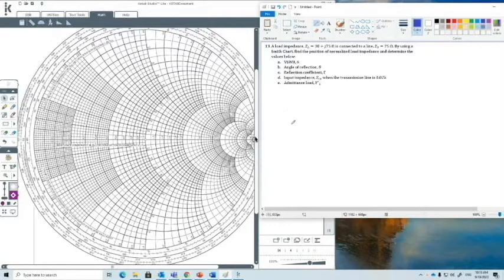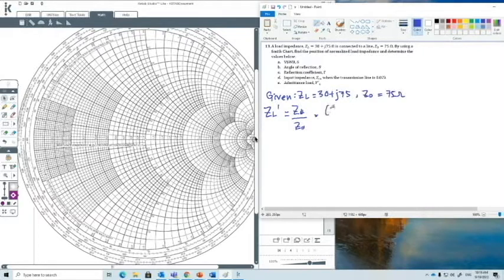L. Okay, so first step adalah untuk mencari kita punya ZL prime ataupun normalized impedance kita. So ZL prime is equals to ZL over Z0. Given tadi from the statement, ZL is equals to 30 plus J75 and Z0 is equals to 75 ohm.